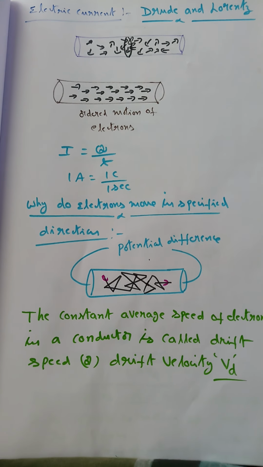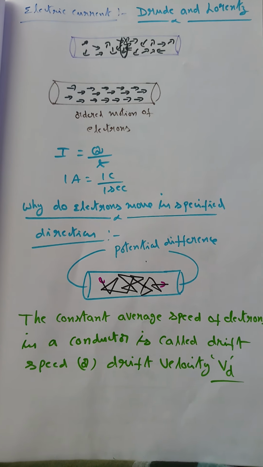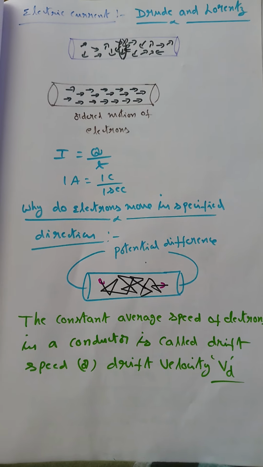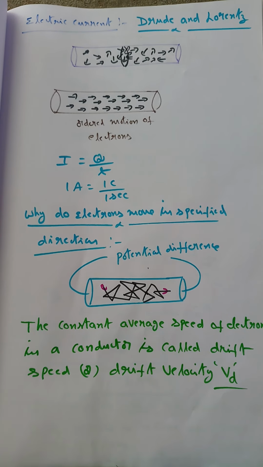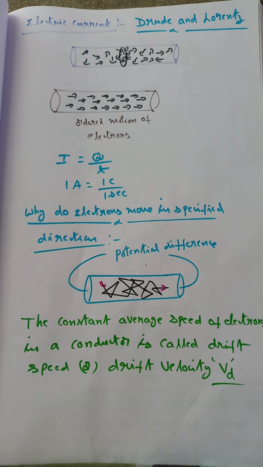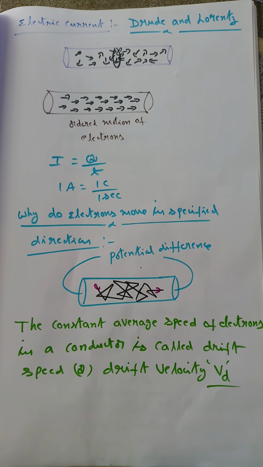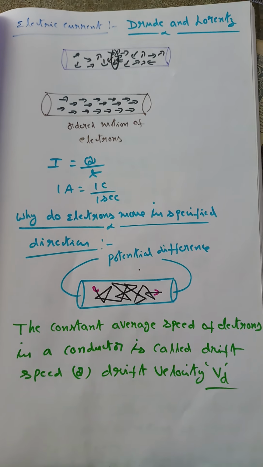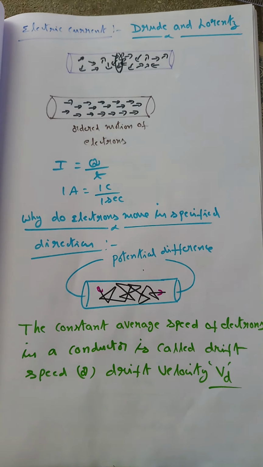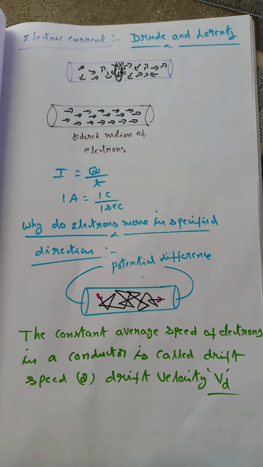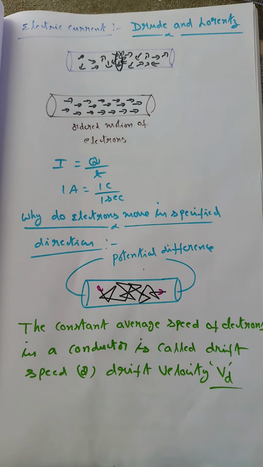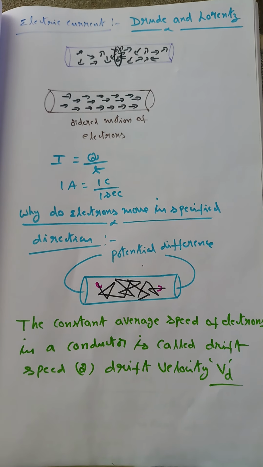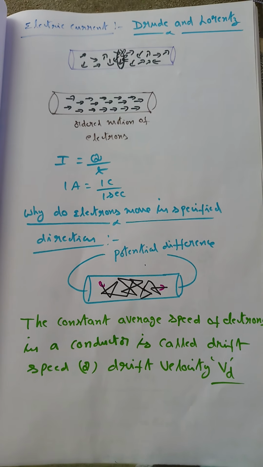Suppose you connect a small bulb in the circuit. But when you take 1 meter of copper wire, if you cut the wire anywhere and connect a bulb, you can't observe any glowing of the bulb. That means if you take 1 meter of copper wire, you can't notice any electric current.